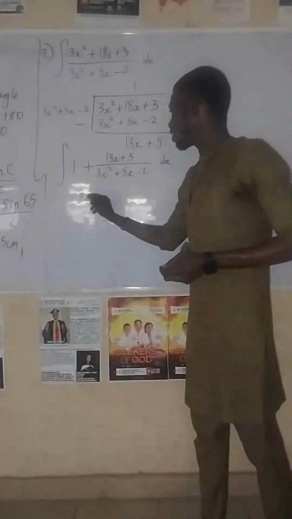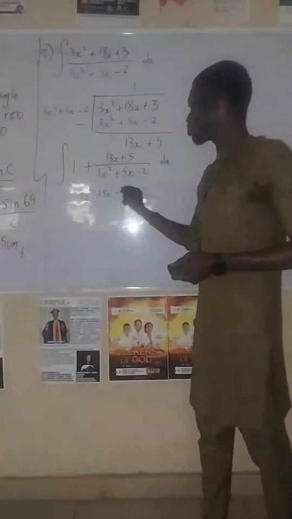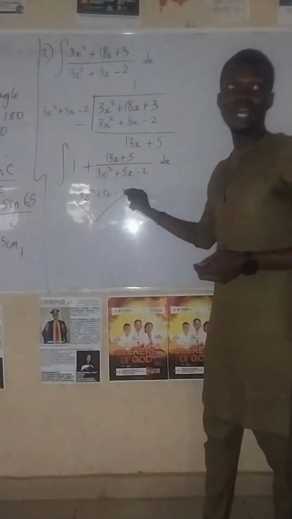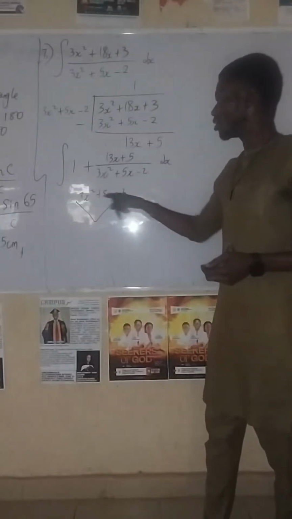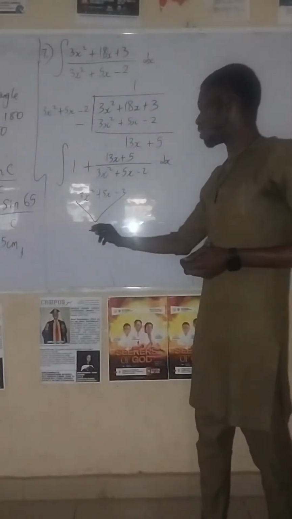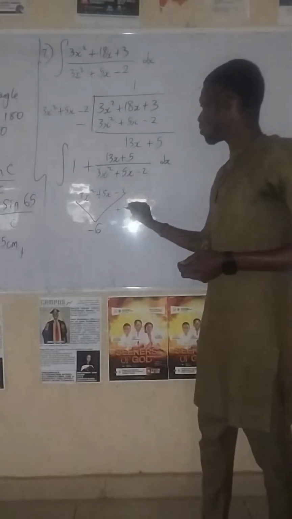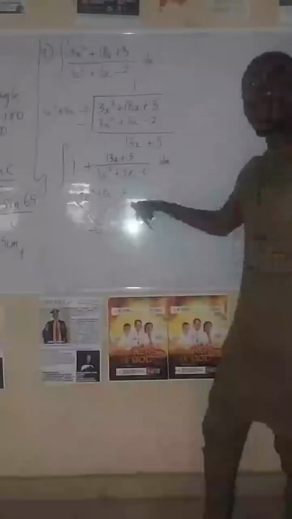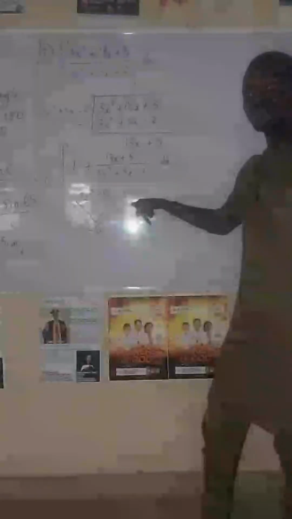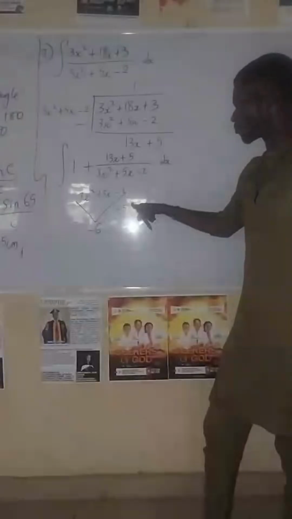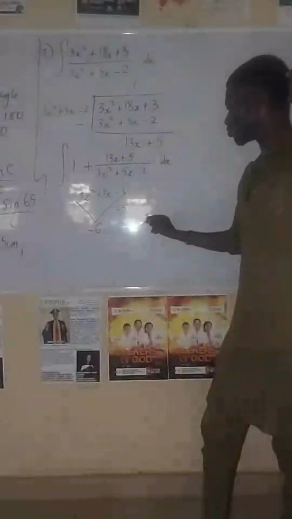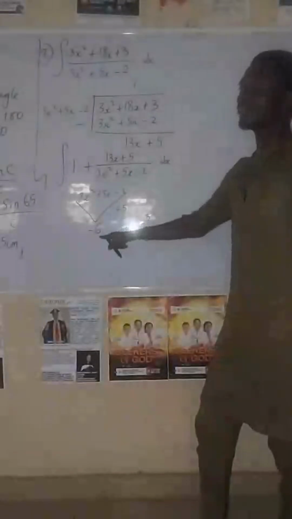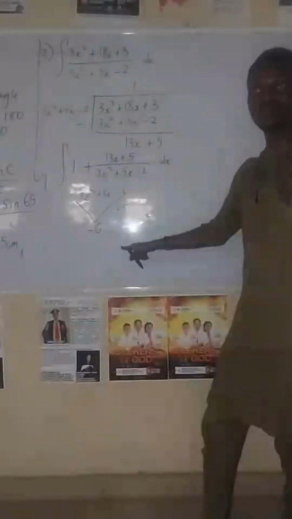Now we have 3x squared plus 5x minus 2. A and C, right? This A, this C. That's 3 times minus 2, that's minus 6. And this one, add together to give you plus 5. If you say 3 and 2, how can you multiply 3 and 2 to give you minus 6?